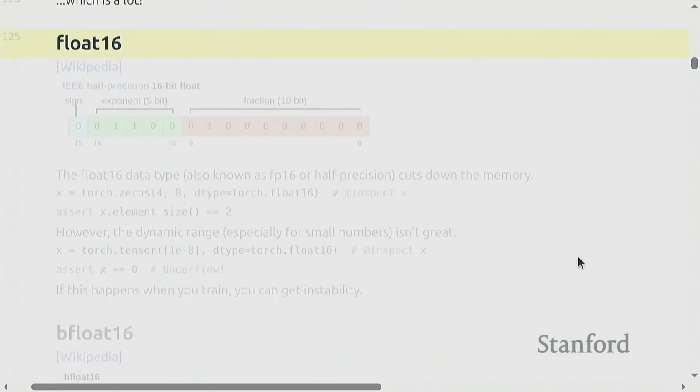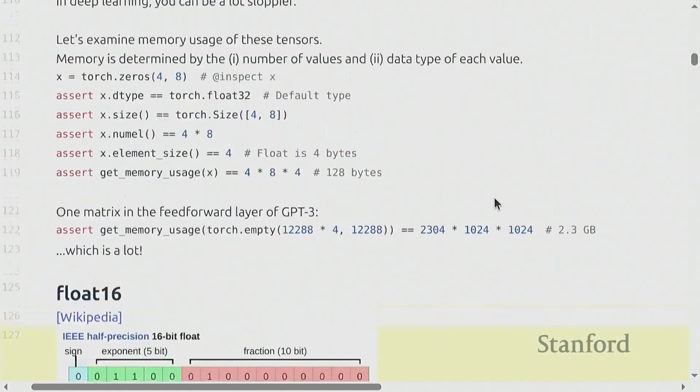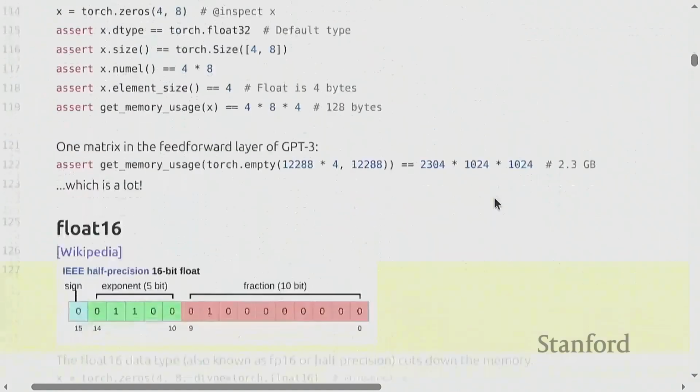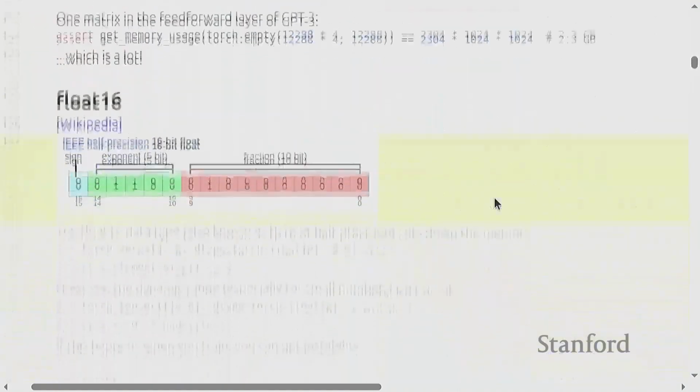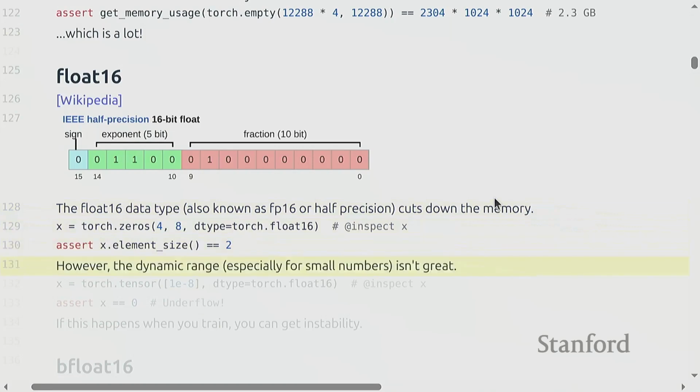Okay, so another type of representation is called float 16, and as the name suggests, it's 16 bits. Where both the exponent and the fraction are shrunk down from 8 to 5 and 23 to 10. Okay, so this is known as half precision, and it cuts down half the memory. And that's all great, except the dynamic range for float 16 isn't great.